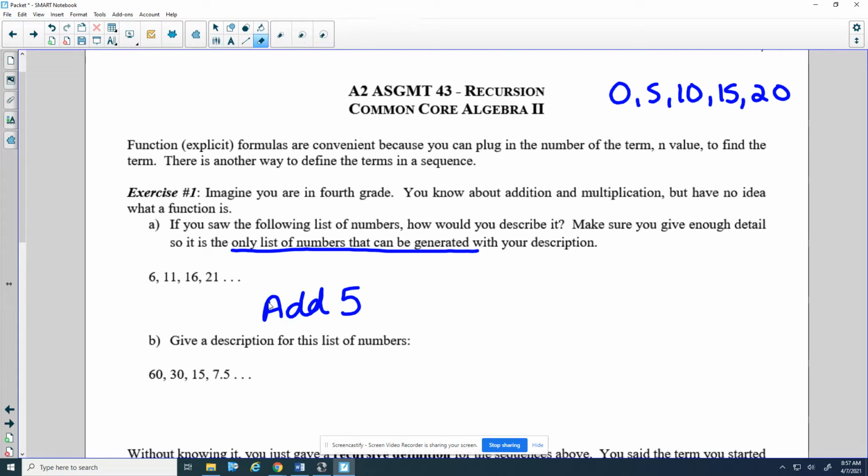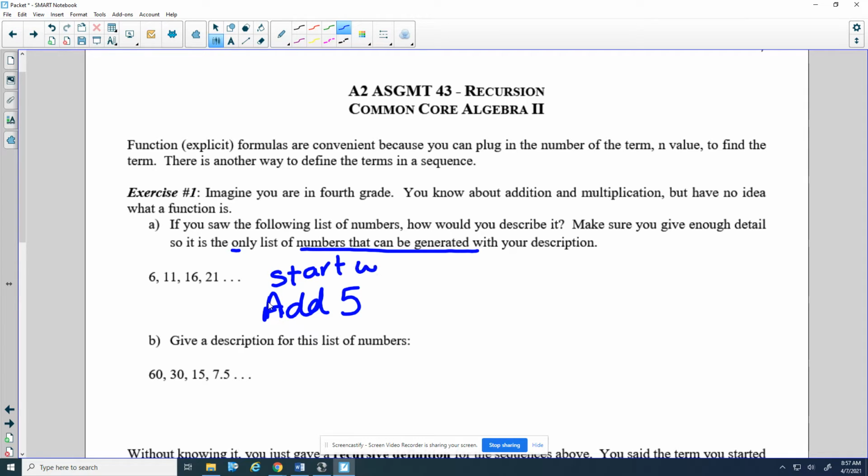So to define this sequence in a way that it's the only sequence we could make, we have to say start with 6. So if I said start with 6 and add 5, we can continually add 5 and create that sequence.